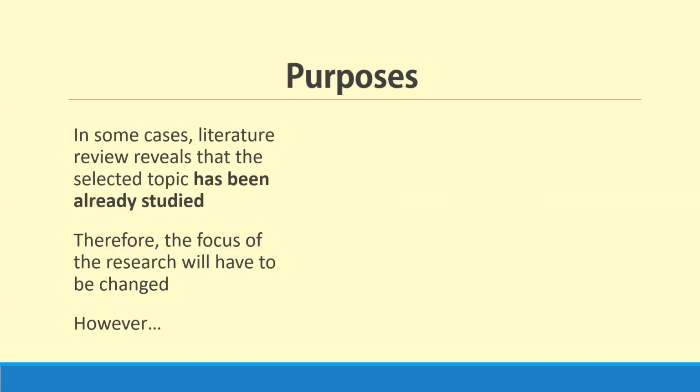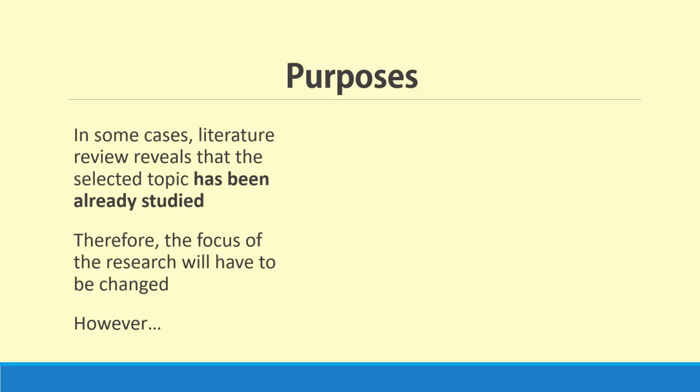Right? Another benefit of doing a literature review is you might sometimes find out that the particular topic you are about to study has already been studied by someone else, somewhere else, right? Maybe not in your country, maybe somewhere else. Maybe not in recent times, maybe sometime back.